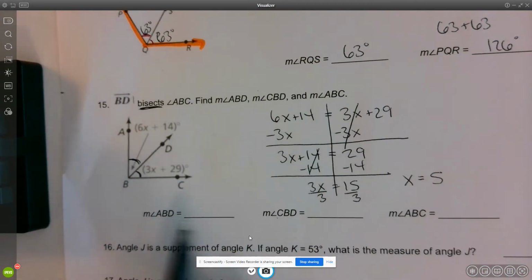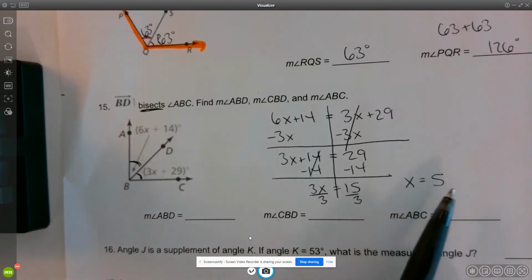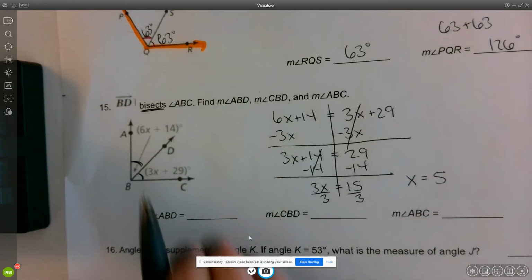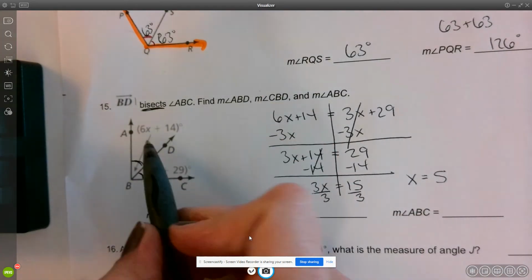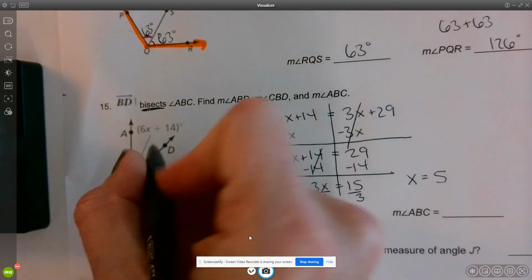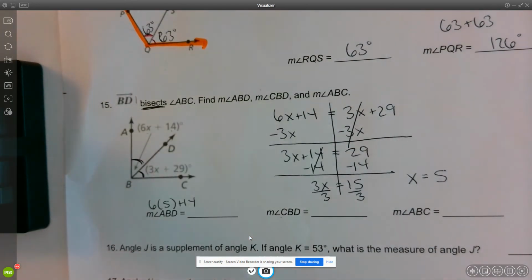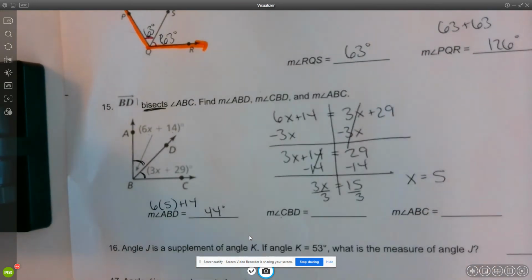To go ahead and find these angle measures, remember I'm going to take my x value and substitute it in for x. So ABD is 6x plus 14. So I need to plug 5 in for x. When I do that, I get 44 degrees.